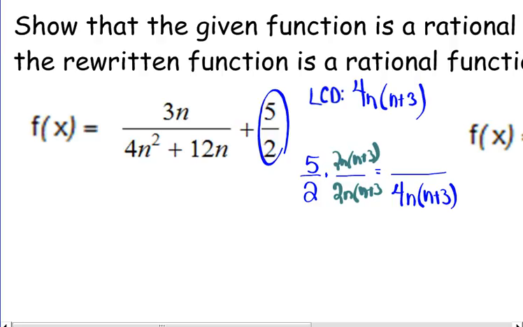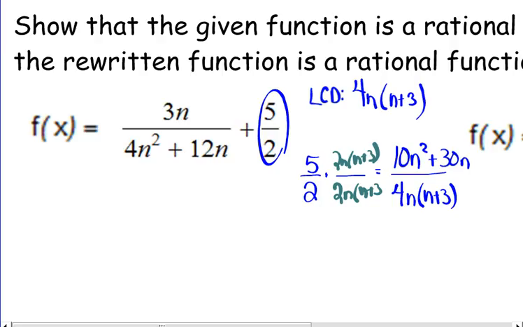And when I do my magic math, what do I get? I get 10n squared plus, what is it? 30n? Yeah, that looks right. So I'm going to replace the circled fraction with my new one.